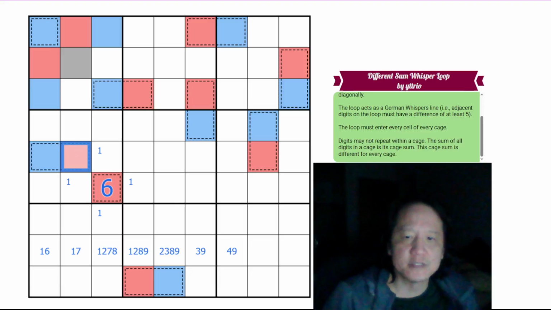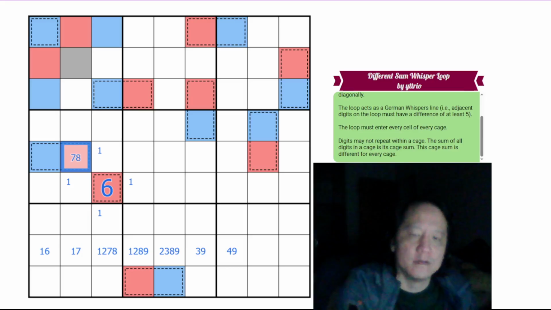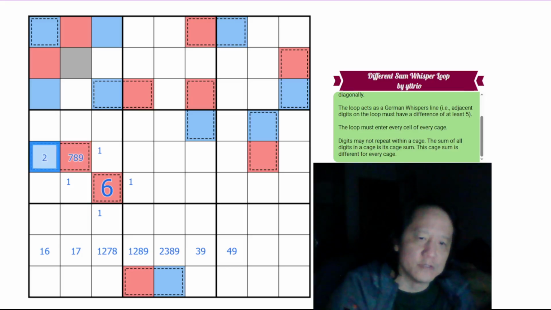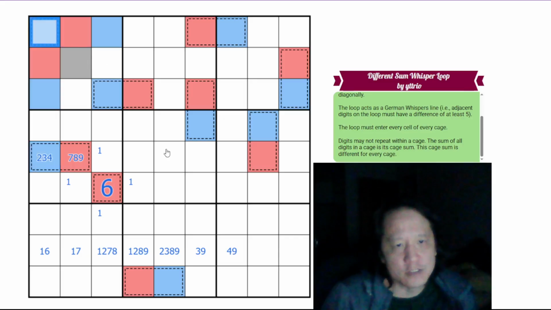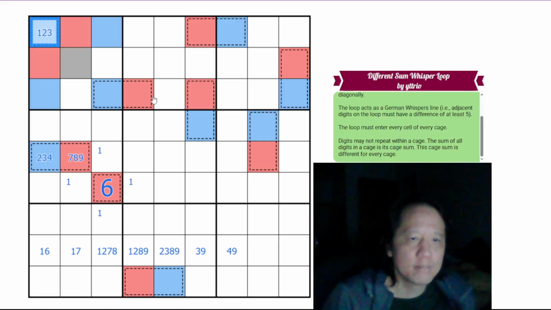this has to be 7, 8, or 9. This can't be 1, so this is 2, 3, or 4 here. As a low digit, this could be any of them. It's 1, 2, or 3. We are guaranteed there's a 4 in one of these cells. This cannot be 4, because either way the loop goes, this shares an edge.